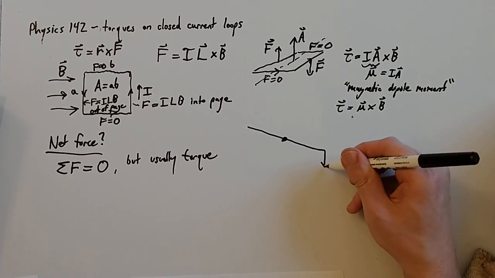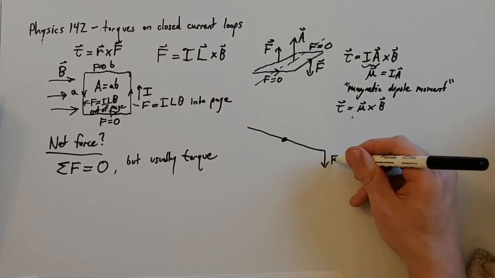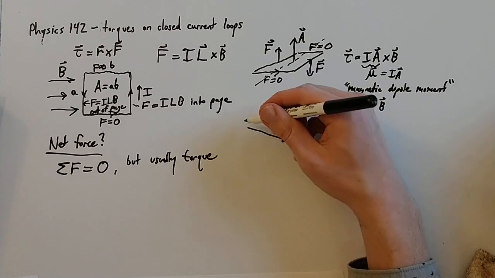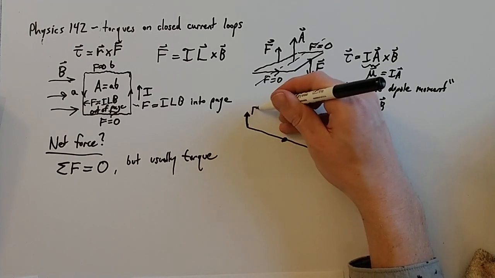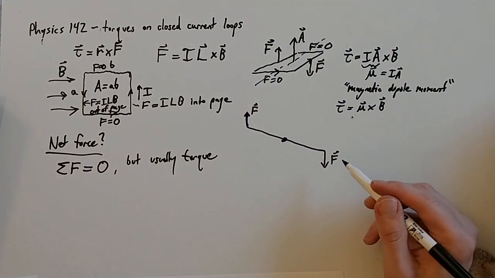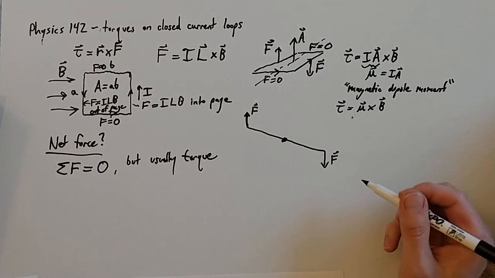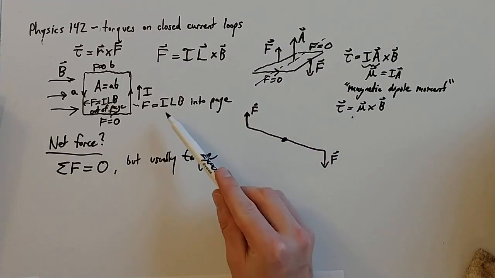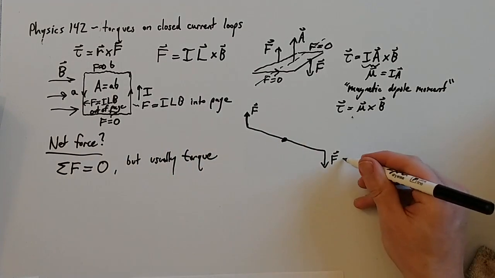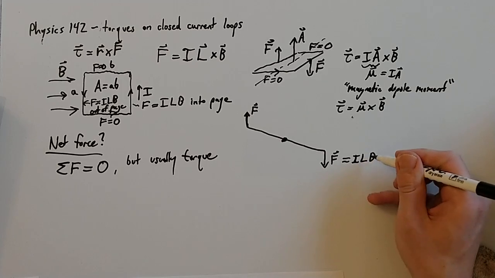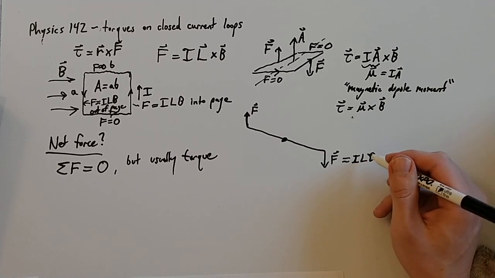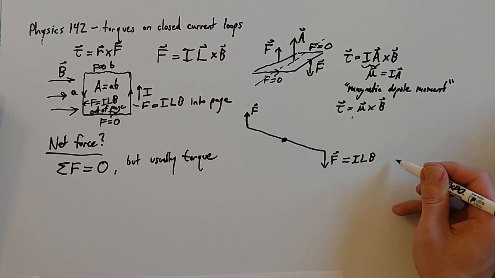And we have our downward pointing force and our upward pointing force. And remember that force is I times L times B, and it had a sine 90 in it.